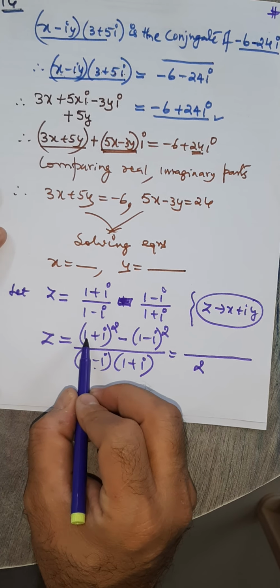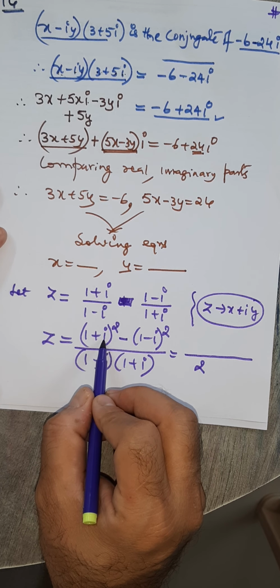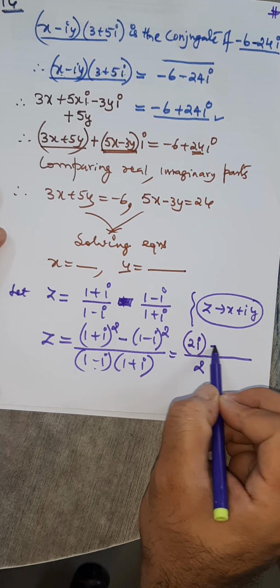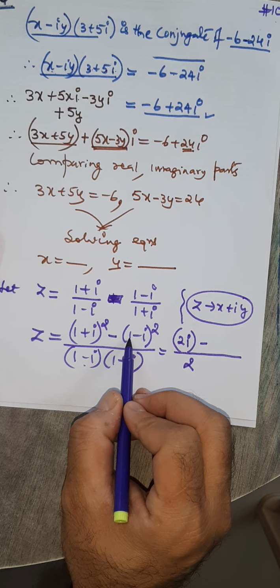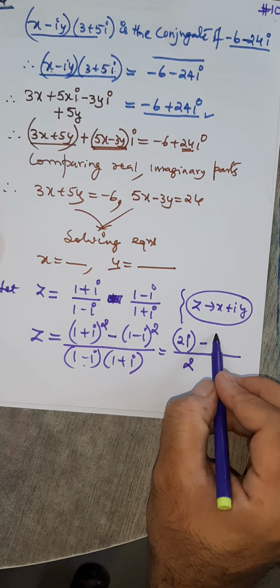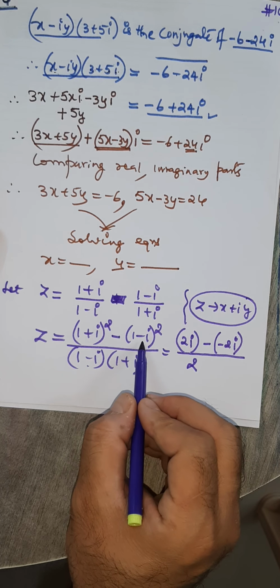What about this? If you expand this here, first term is 1, last term is also iota square, which is minus 1. So you are left with just middle term, 2 iota. Minus, your first term is 1, last term is iota square, which is minus 1. So you are just left with here minus 2 iota. Middle term, which is minus 2i.